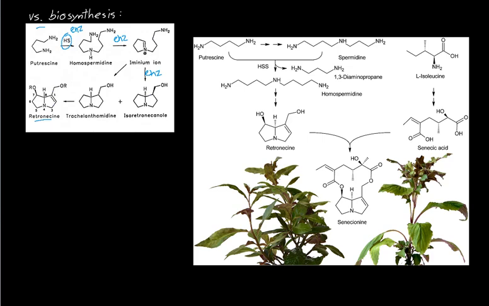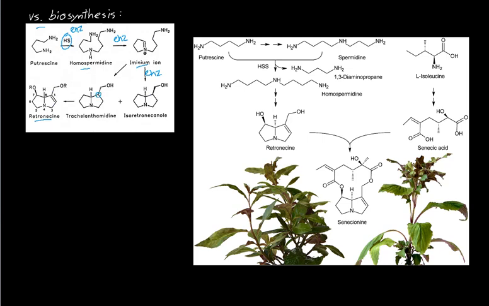So putrescine is chain extended, 2 units of it, to homospermidine. You can get an iminium ion or imine shortly thereafter, connecting here, right? And then through enzymes, you have ring creation.